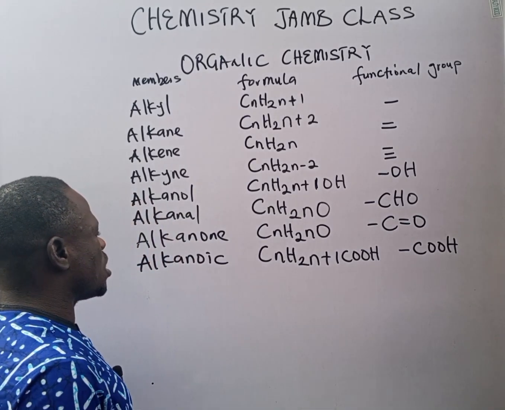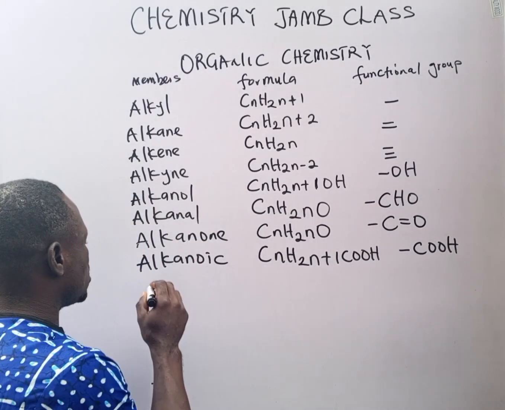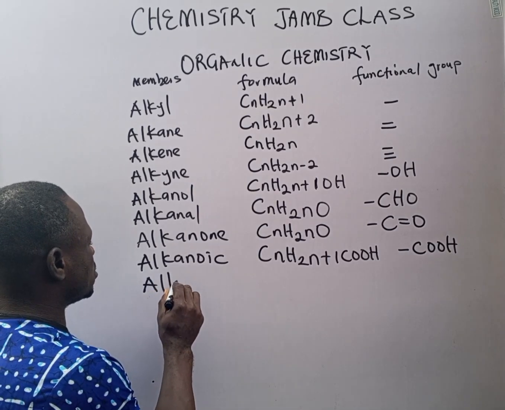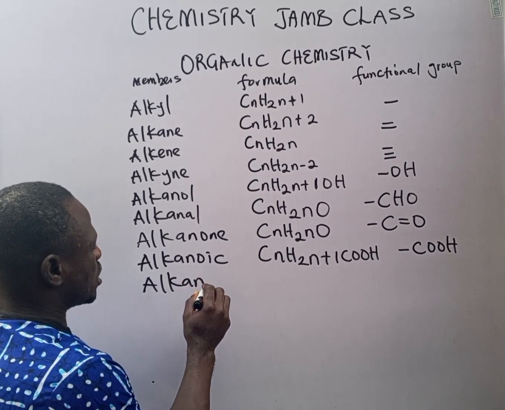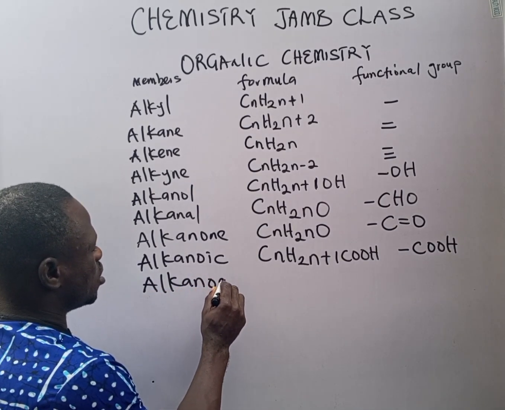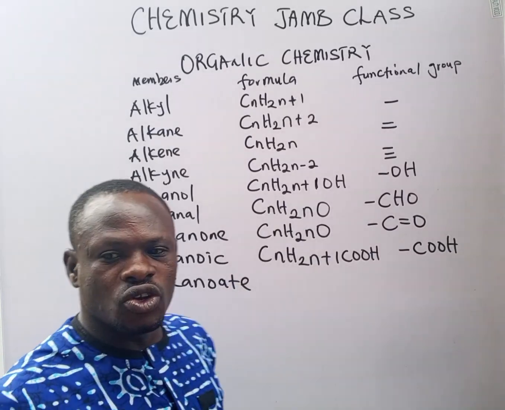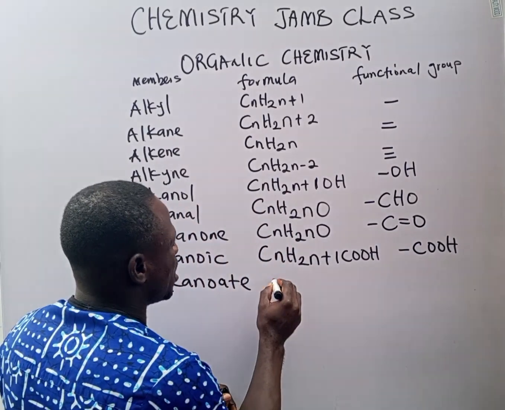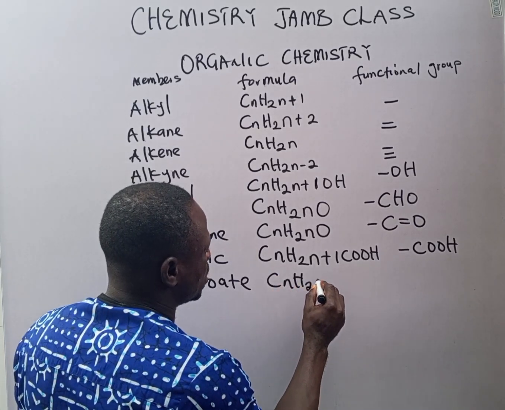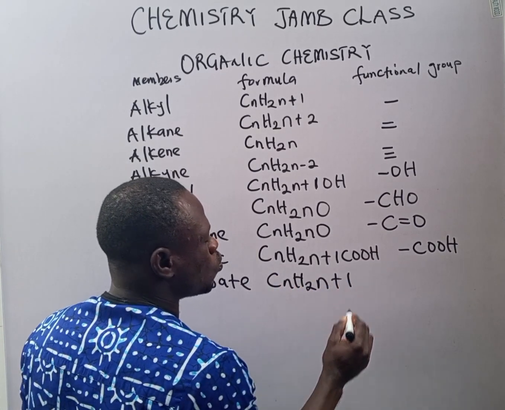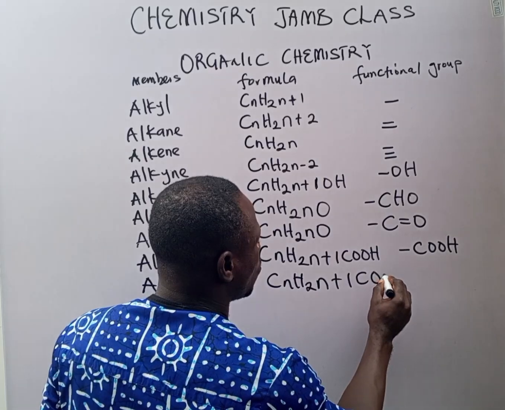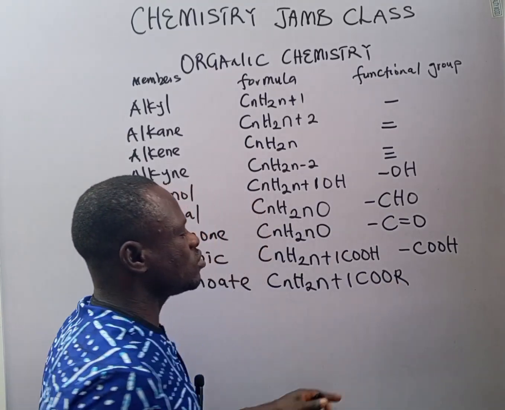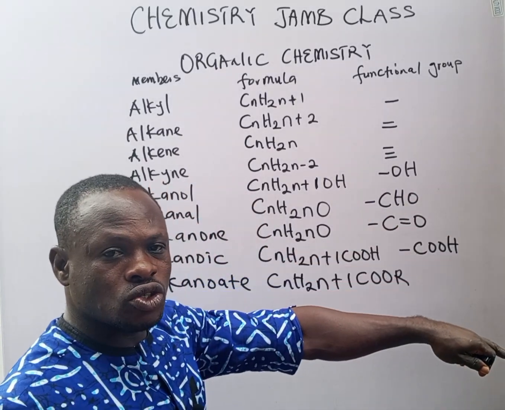The next one is ester, the alkanoate. The general formula of alkanoate is CnH2n+1COOR, where R continues the chain.